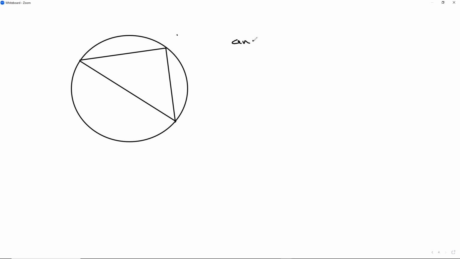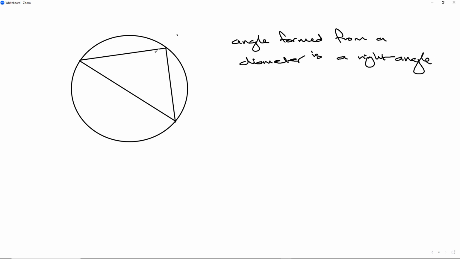And we say that the angle formed from a diameter is a right angle, which means that this angle will be 90 degrees if this line is a diameter. And that goes for any point. So you can extend this line anywhere on a circle into a triangle like that, and it will always end up at 90 degrees.